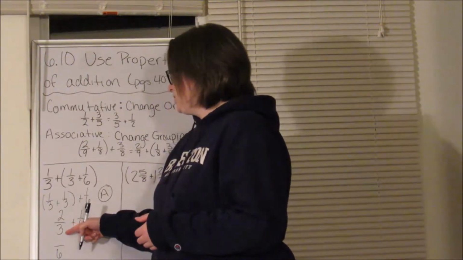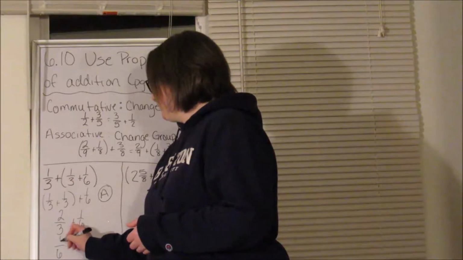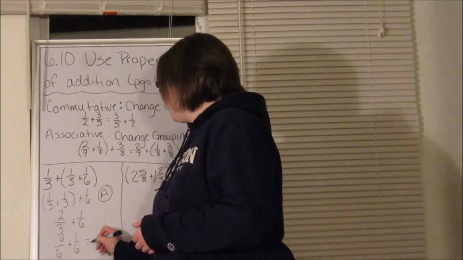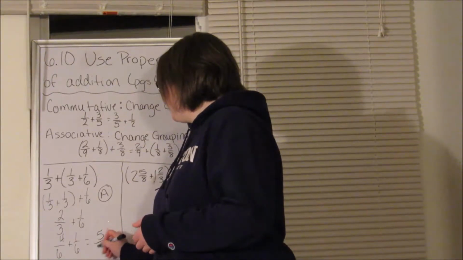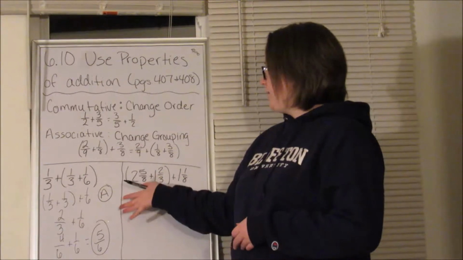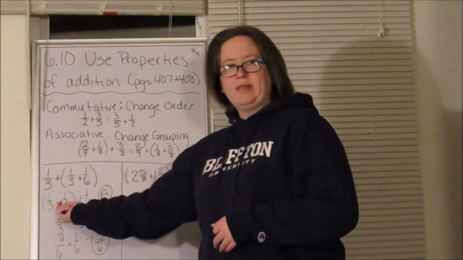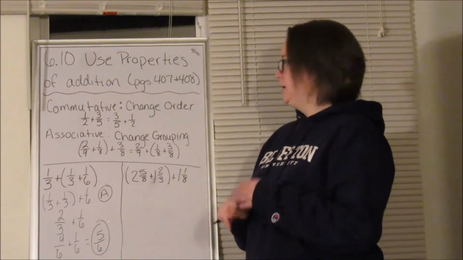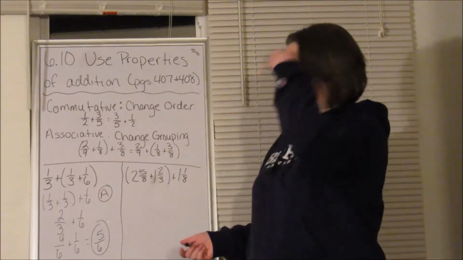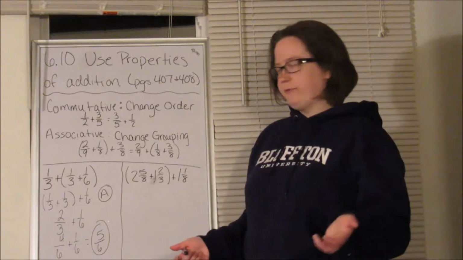And 3 times 2 gives me 6, so 2 times 2 is 4, plus 1/6 equals 5/6. So my associative property allowed me to add these two together, so I only had to rewrite one fraction instead of two fractions. So that's the problem on the first page.